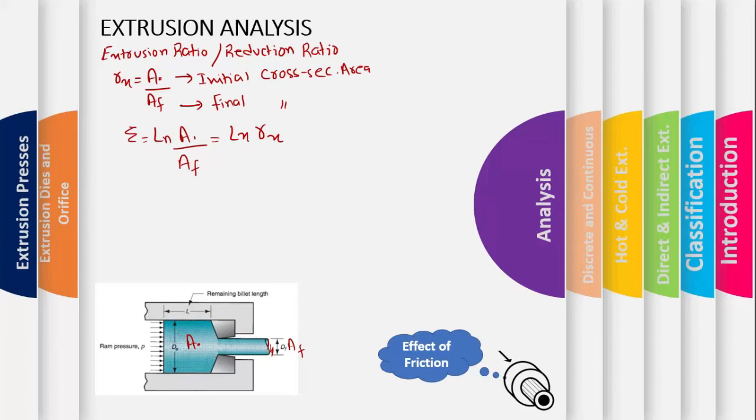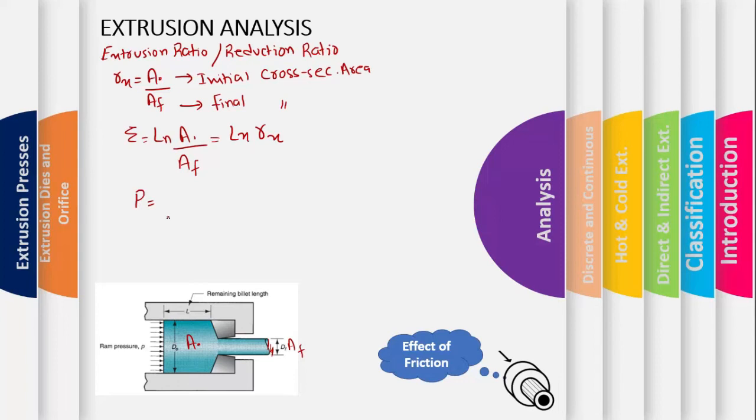So now we are under the assumption that this is the ideal deformation and there's no friction present between the container and the work part. Under this assumption, we will assume the pressure for calculating that, because as you know, pressure is always applied normal to the surface.